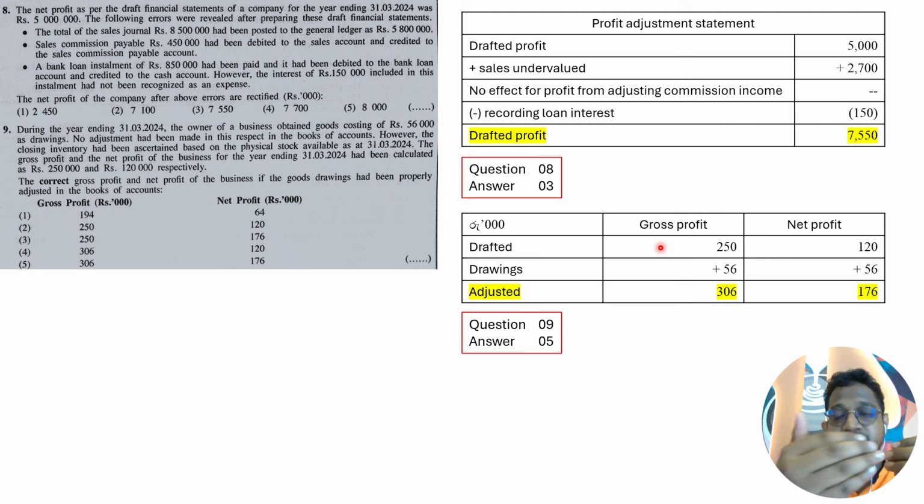Which means your cost of sales should reduce, and from that your profit should increase, right? And the gross profit should increase by 56. And based on that, anything that affects the gross profit also affects the net profit. So your net profit should also increase by 56. So your adjusted gross profit and adjusted net profit are 306 and 176. Okay.